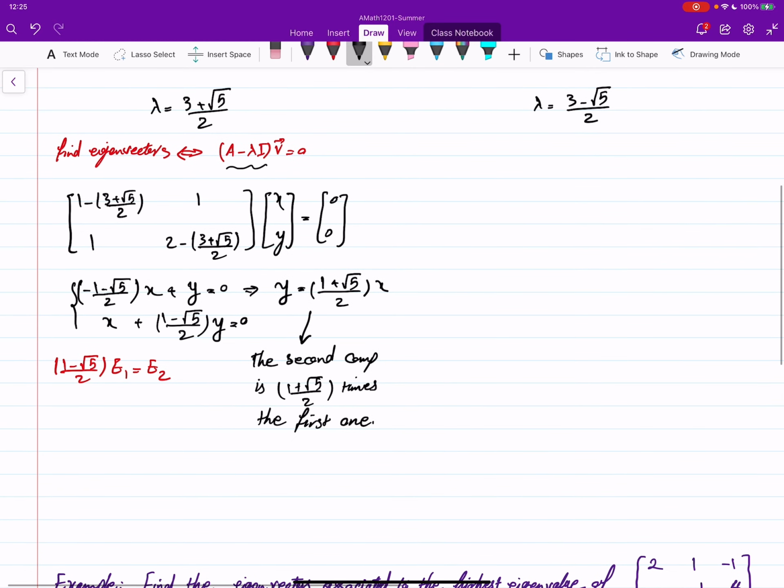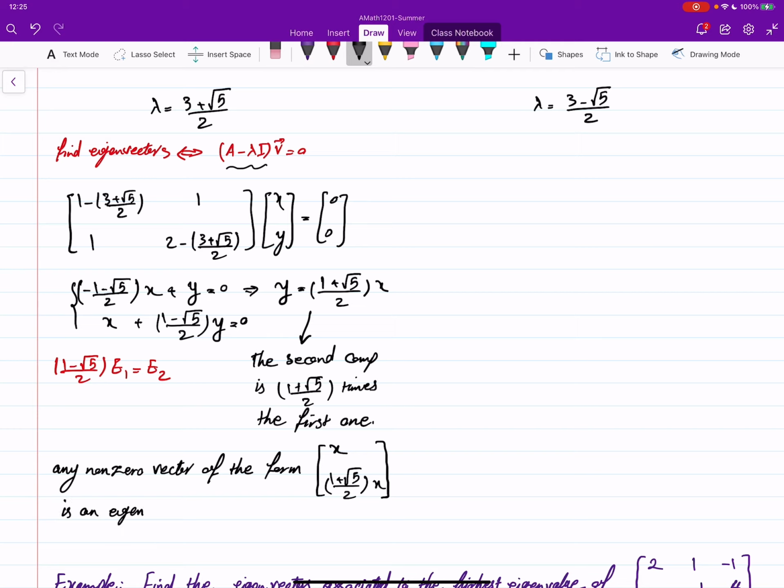So that means that we have found all the eigenvectors. Any non-zero vector of the form, where the first component can be anything you like and the second component must be this factor times the first component, is an eigenvector for lambda equal to 3 plus root 5 over 2.